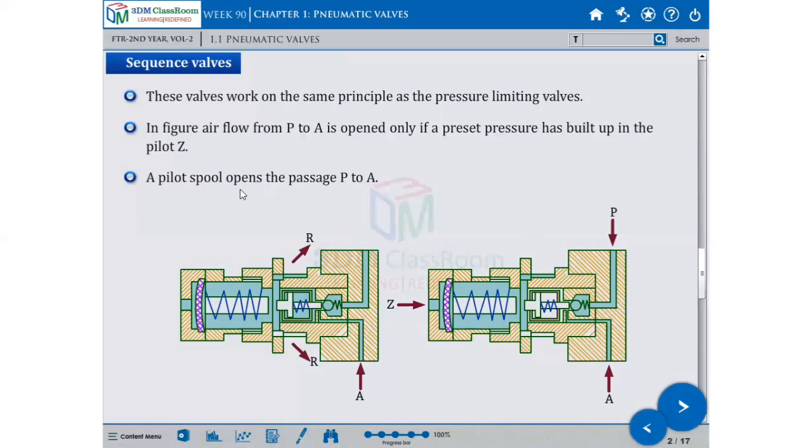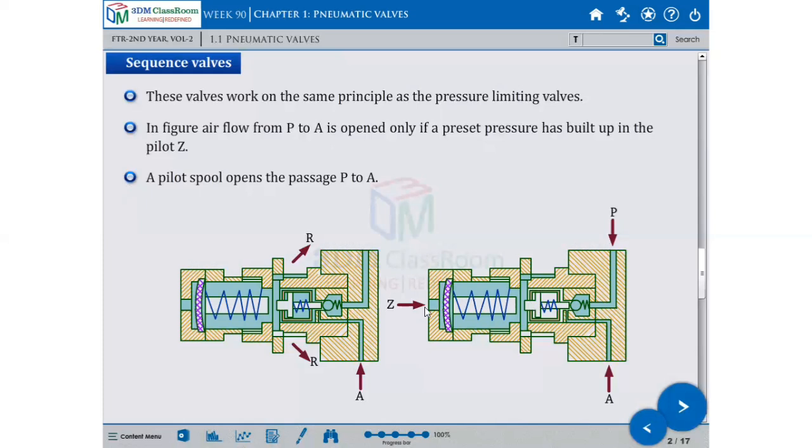A pilot spool opens the passage P to A. Correct? If the preset pressure has built up in the pilot Z, the pilot spool opens the passage P to A.